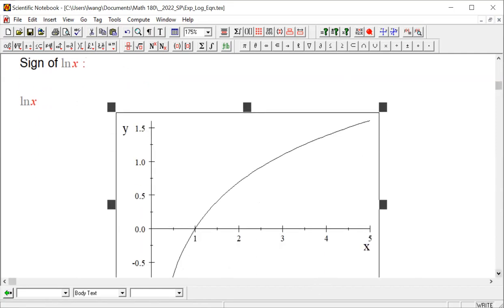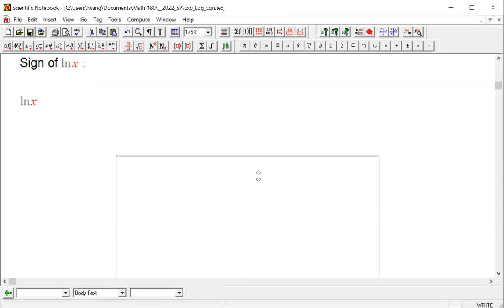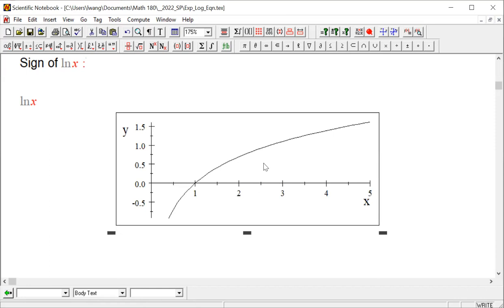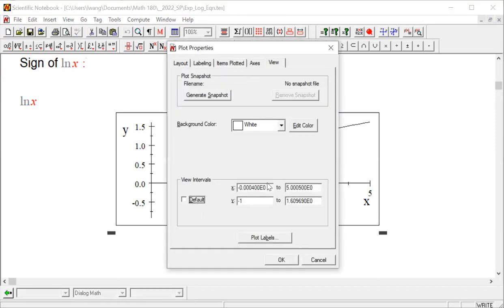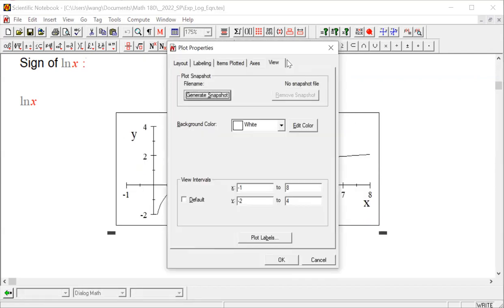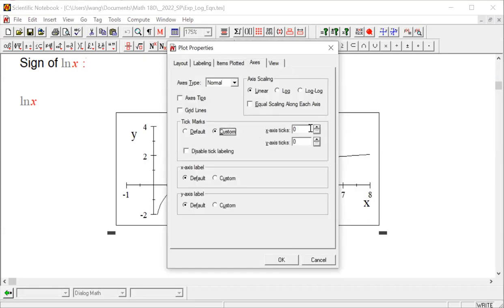Where does it change sign? It changes sign at 1. So let me make a little adjustment to the picture, over here. And make this 4. Okay, I think that's a good enough picture.